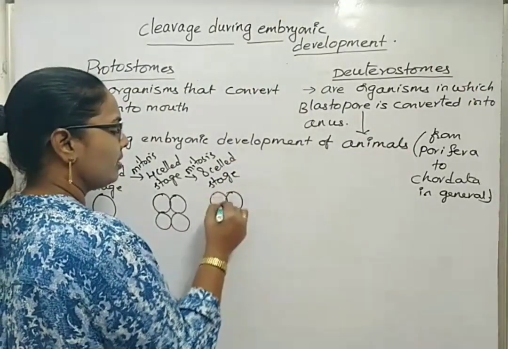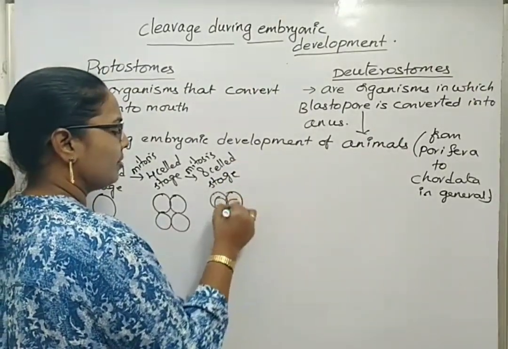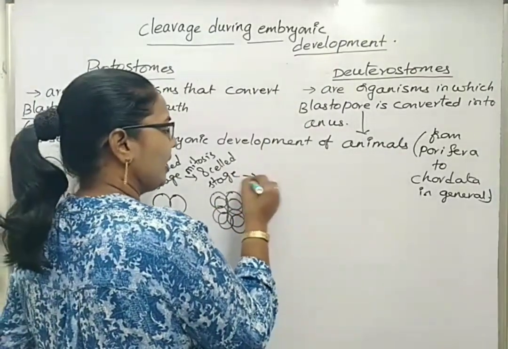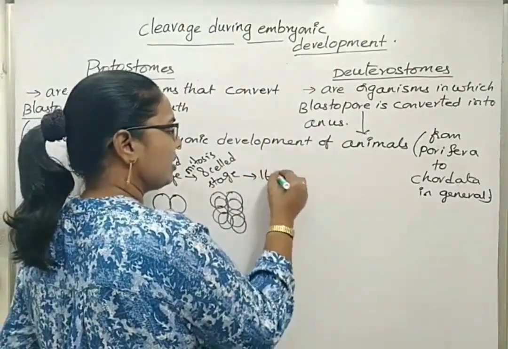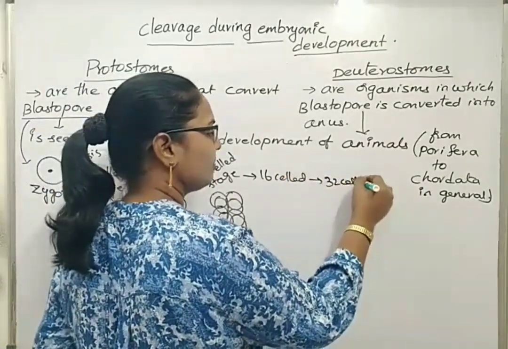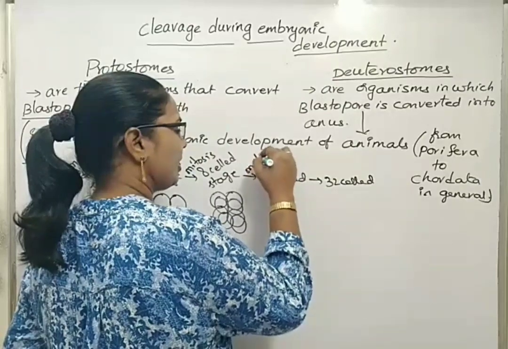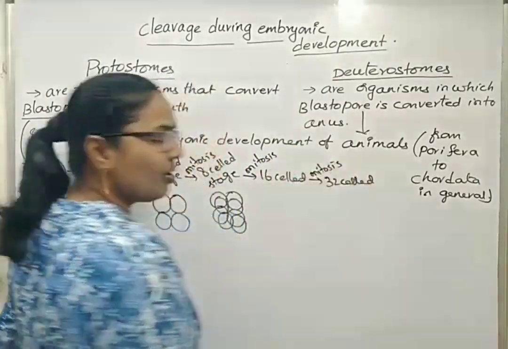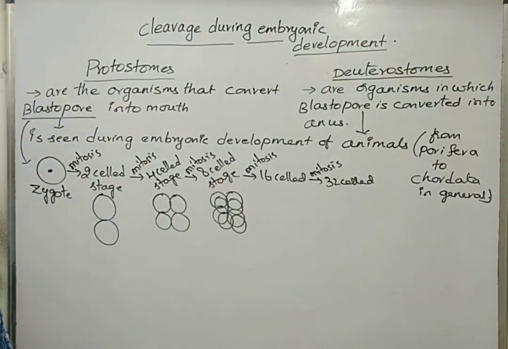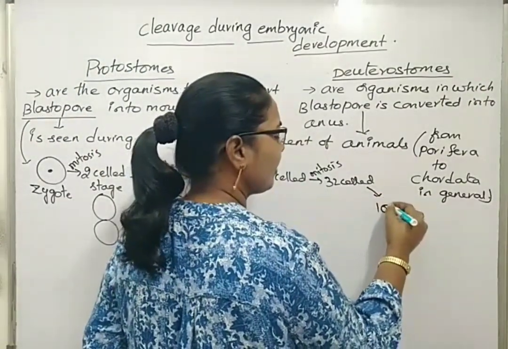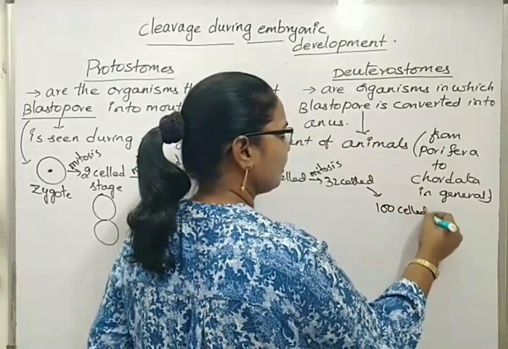So here we see 1, 2, 3, 4, 5, 6, 7, 8. Again it is converted into 16-cell, later into 32-cell. In every stage we see mitosis, or we can also use the term cleavage. Later will be 100 number of cells, etc.